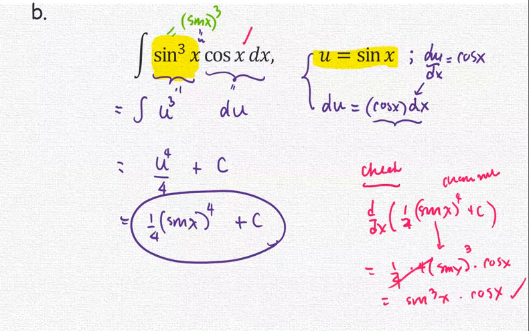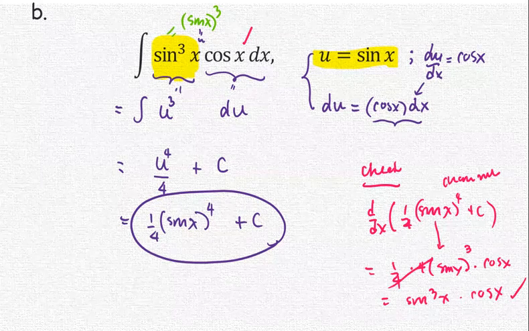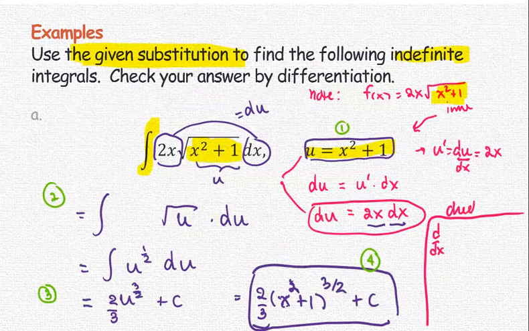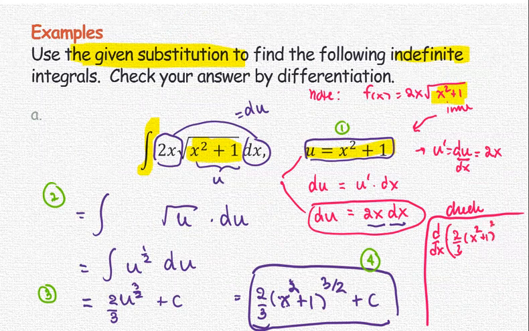But the first example, we did not verify the answer. So we can do that real quick on the note here. This is the checking solution process. d by dx of 2 over 3 of the quantity x squared plus 1 to the power 3 over 2 plus c.